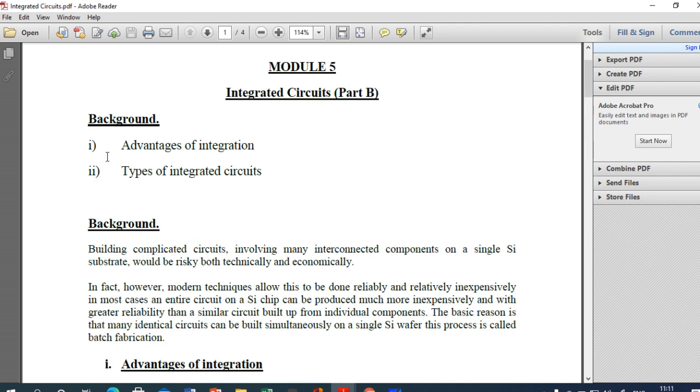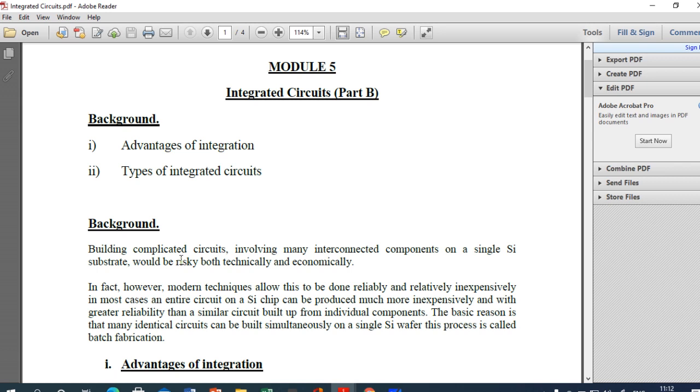So before starting with the background, as I explained earlier, here in the background of integrated circuits, I can say that the integrated circuits allow the designer, who is nothing but a person who designed the integrated circuit, to design complicated circuits.